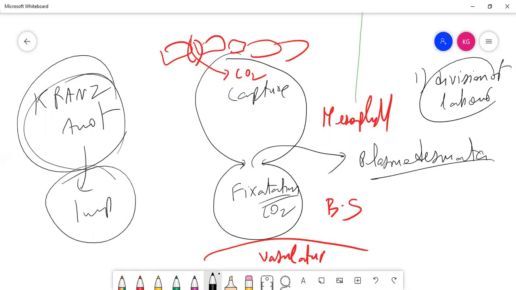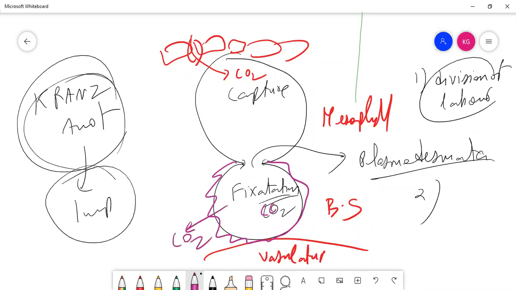दूसरी चीज देखो, दूसरा इंपॉर्टेंस ये है, ये जो बंडल शीथ सेल है, we know bundle sheath cells are basically thick walled cells, and they're also away from the atmosphere, and thus they can maintain high CO2 concentration. क्योंकि इनके walls are thick, they have suberin, so CO2 will not move out.